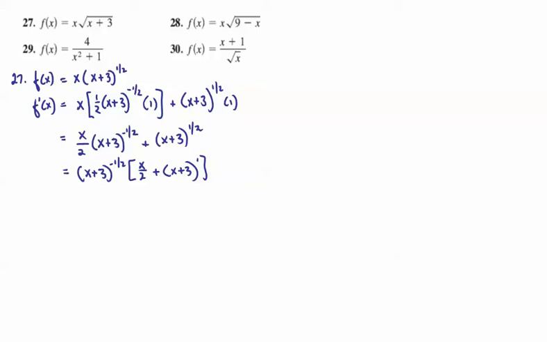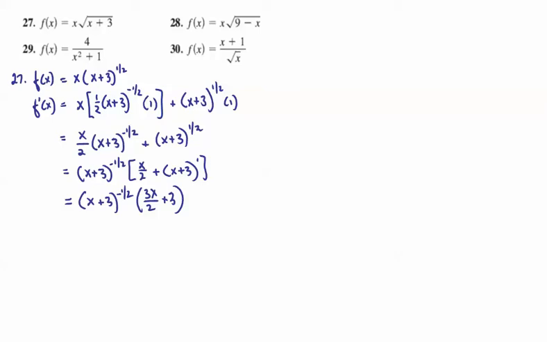Multiply two numbers with the same base, we add exponents, so negative 1/2 plus 1 gives us positive 1/2. One more round of simplifying, (x plus 3) to the negative 1/2, and we get x over 2 plus x, so a half of an x plus a whole x is 3/2 x plus 3.